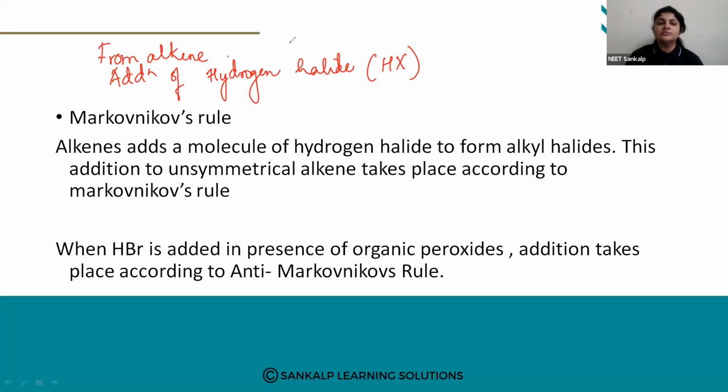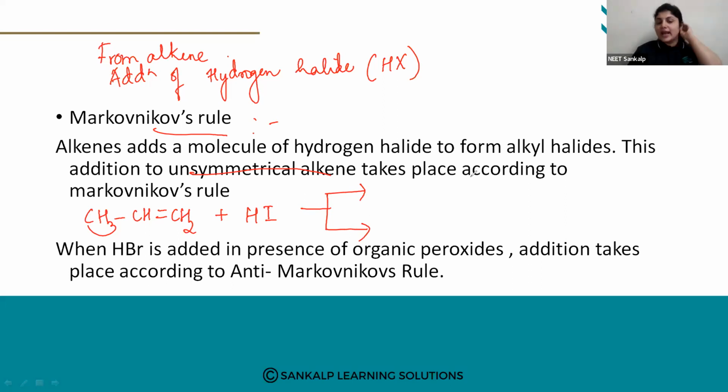This addition to unsymmetrical alkene takes place according to Markovnikov's rule. Now we'll see what this Markovnikov's rule is. I'll give an example. I'll take the same molecule, CH3, CH double bond CH2, plus a molecule of hydrogen halide. I will take hydrogen iodide, and what are the products obtained?